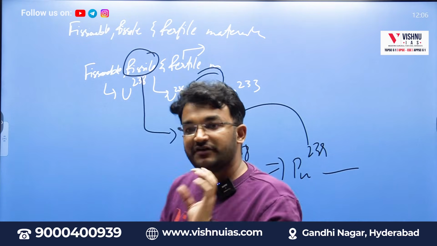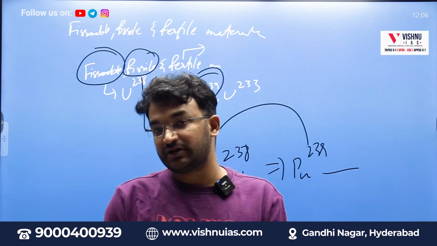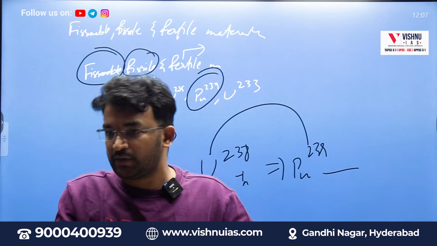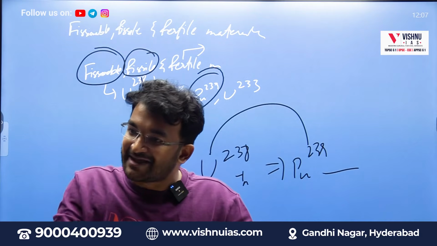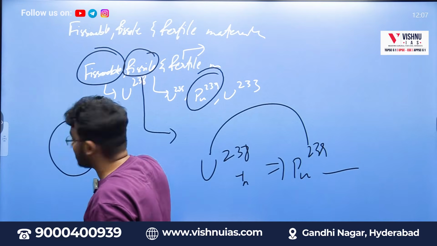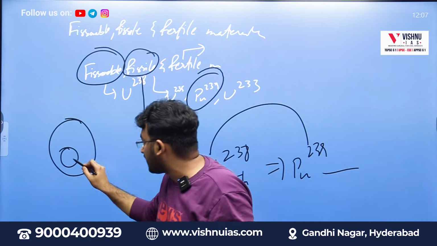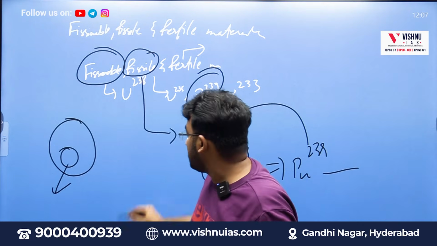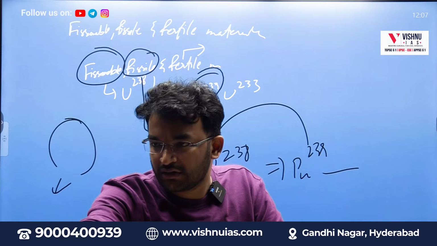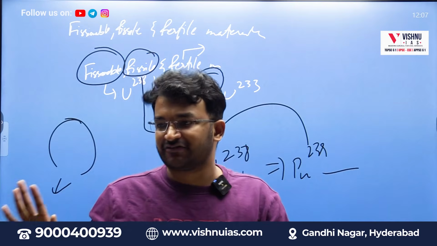Clear? Now we had identified another thing called fissionable. Now what is this fissionable? Fissionable means we can produce nuclear energy from them. Fissile is a subset of fissionable materials. There are fissionable materials and there is fissile as a subset of this. For a fissile material, if we hit it with a neutron, it could be low energy, a slow moving neutron, and the reaction will happen.